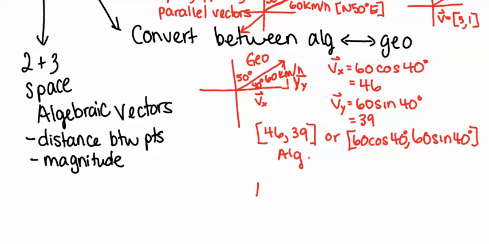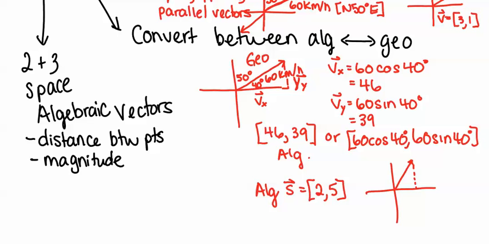So let's say we're given an algebraic vector of [2, 5]. There's our vector, that's 2, that's 5.